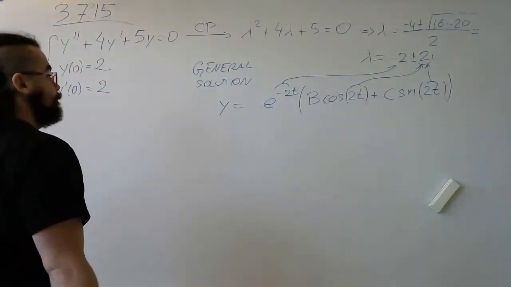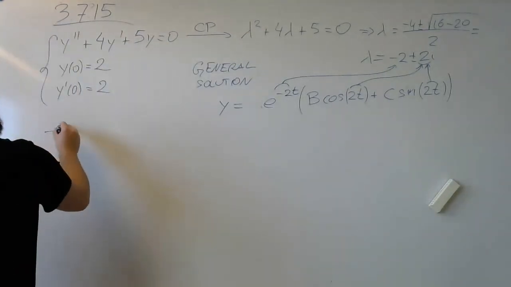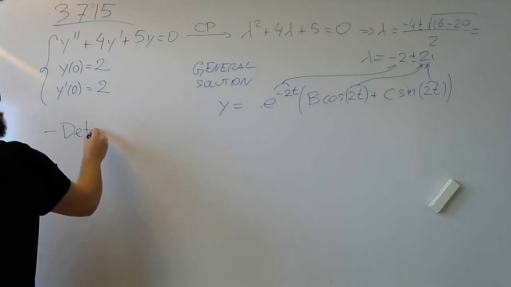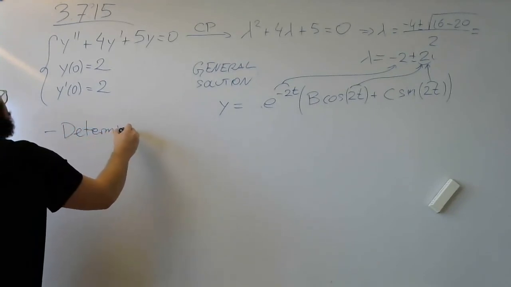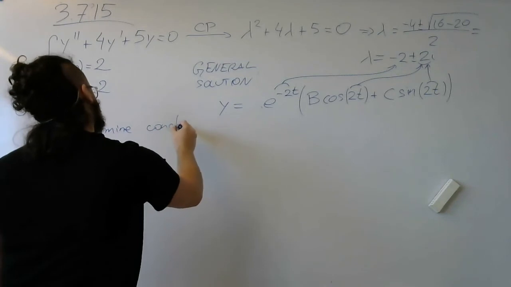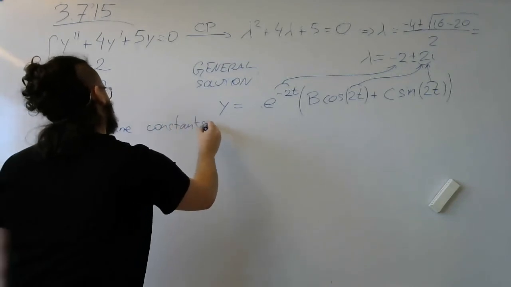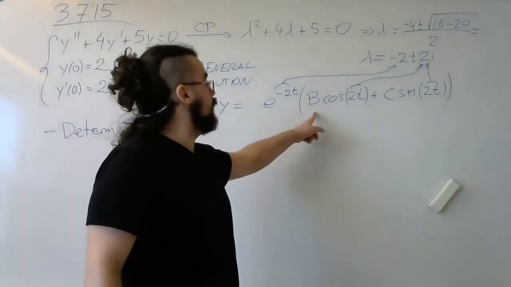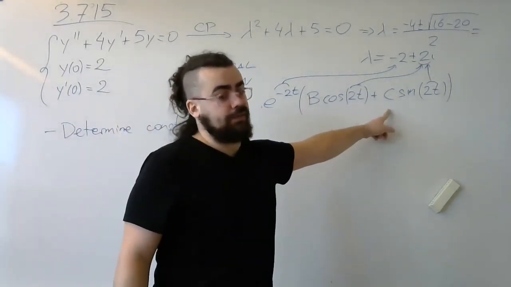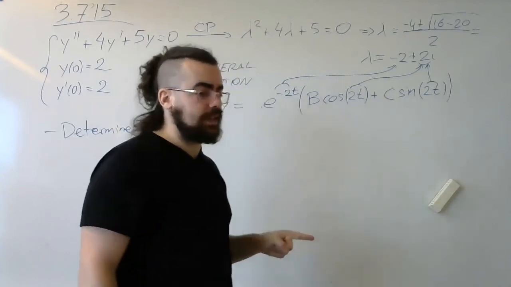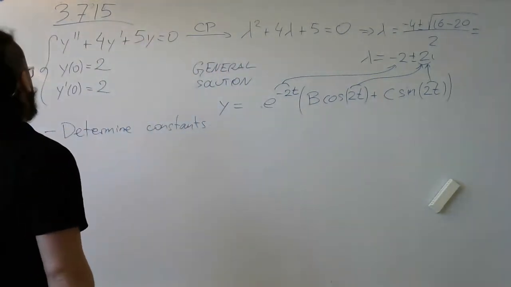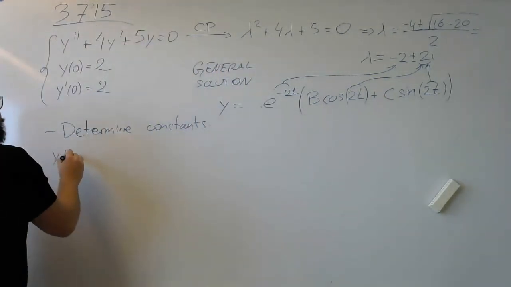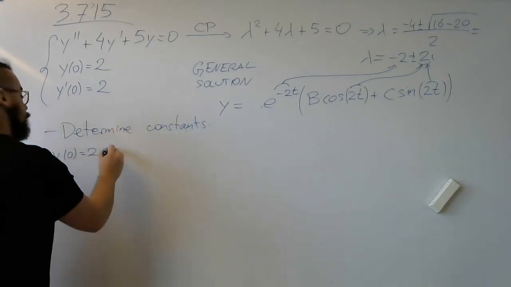So now we want to determine the constants. Because we have an infinite family of functions, one of which is the solution. So first of all, we have y of 0 equals 2.